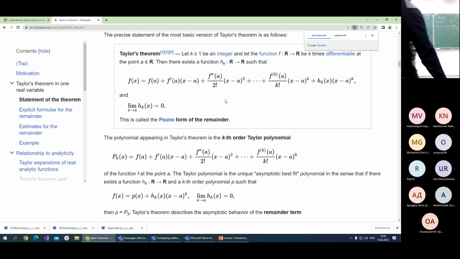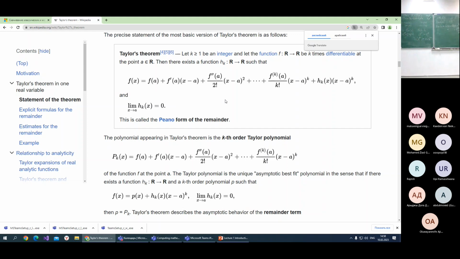Here we compute the value of the function at the point x plus h using the value of the function, the value of its derivative, second derivative, third derivative at the point x. And we will use this formula to derive some numerical methods.